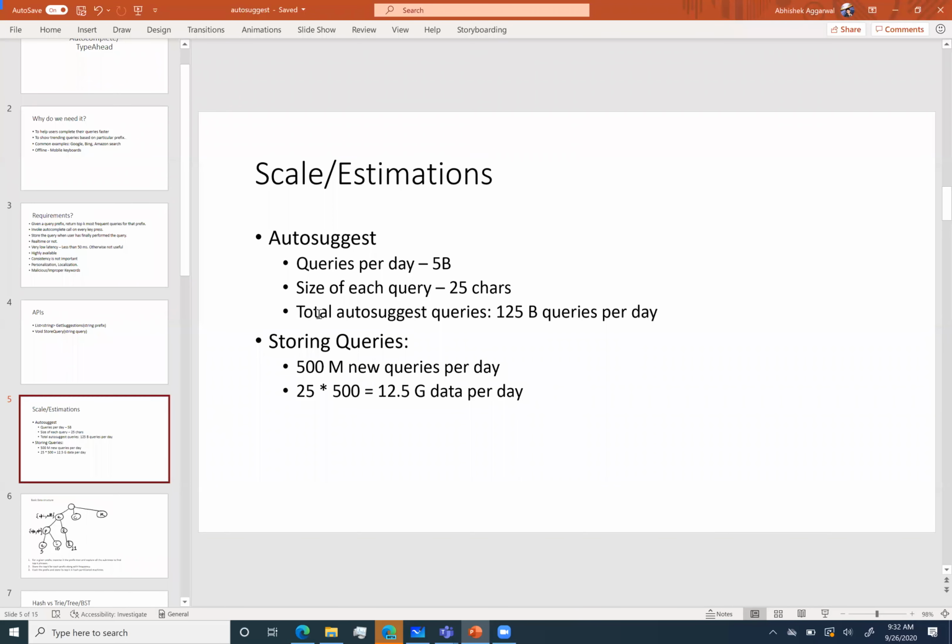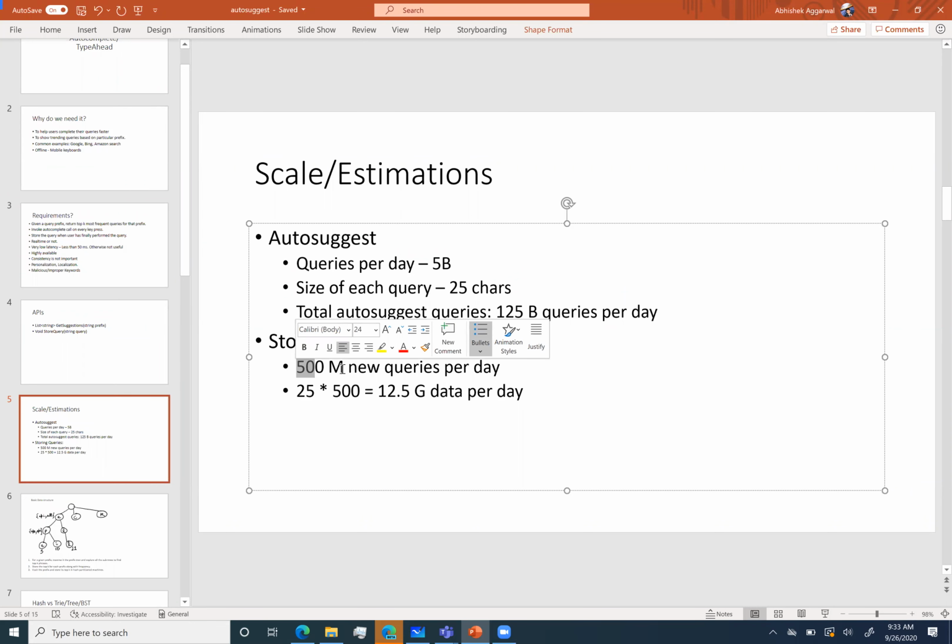I'm a little confused. I don't know a lot about storage. How did you come up with 12.5 gigs? I'm just calculating that every query you're expecting to be about 1,000 bytes. I got this information from a website that on Google they have 500 million new queries per day.